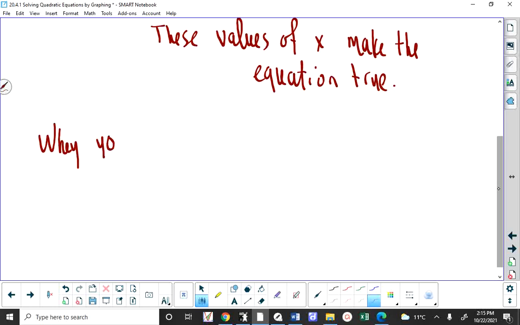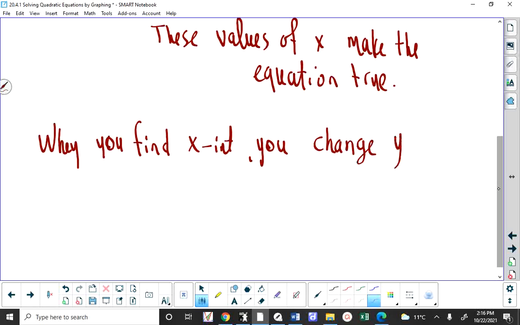When you find x-intercepts, you change y to what number? 0. Right? So when you find x-intercepts, you change y to 0.